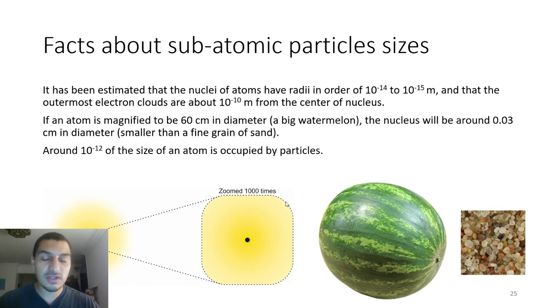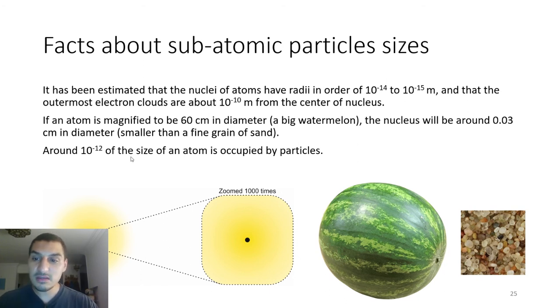And to give you a feeling with something that you're familiar with, if the nucleus is a grain of sand, then the electron cloud would be a big watermelon, a watermelon that is 60 centimeters in diameter, and the nucleus would be just one grain of sand.